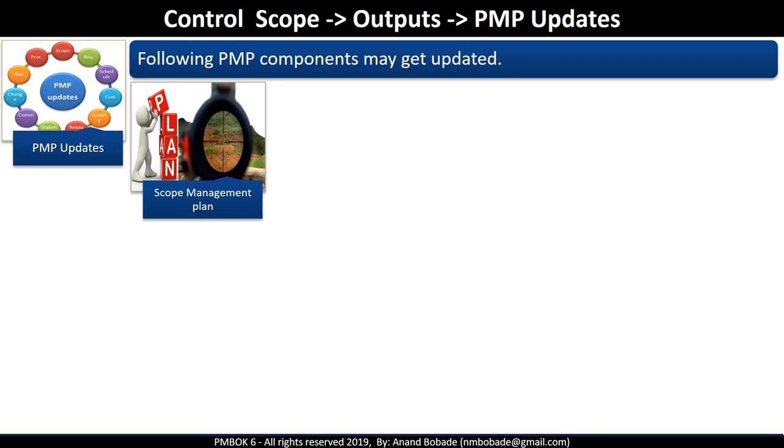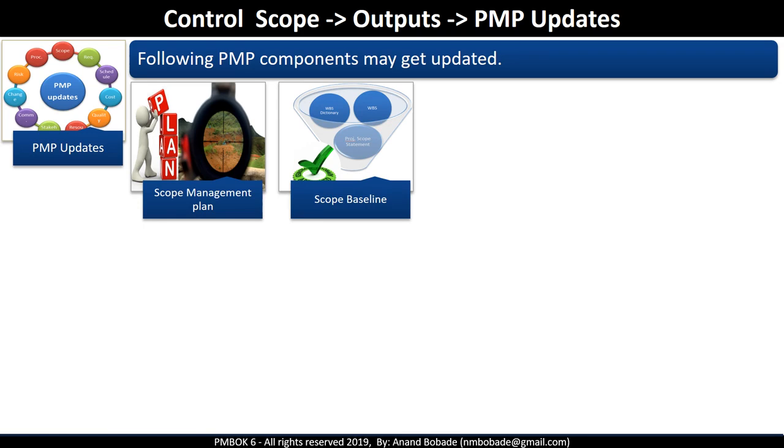During this process, more efficient and effective ways of controlling scope may be discovered. For example, what are the causes of variance and choosing a best action while raising the change request. Now, accordingly, a portion of the scope management plan may get updated to ensure that similar mistakes are not done in future.